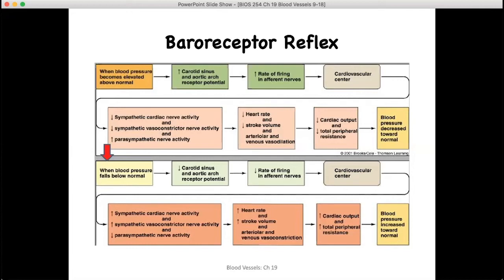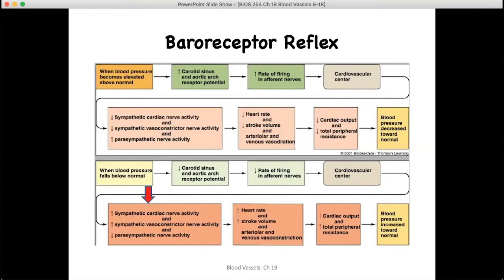When your blood pressure falls below normal, keep in mind the baroreceptors are stretch receptors, and so they will stop firing since they are not being stretched. The cardiovascular center then will increase sympathetic input to the heart, both the nodes and the myocardium, as well as to the blood vessels. At the same time, parasympathetic input to the nodes will decrease.